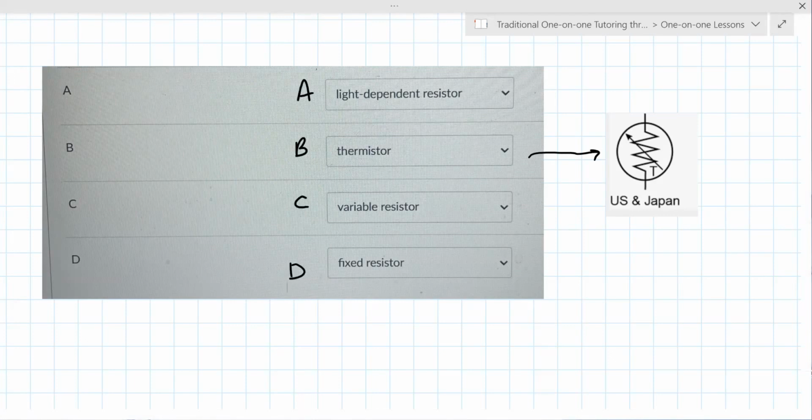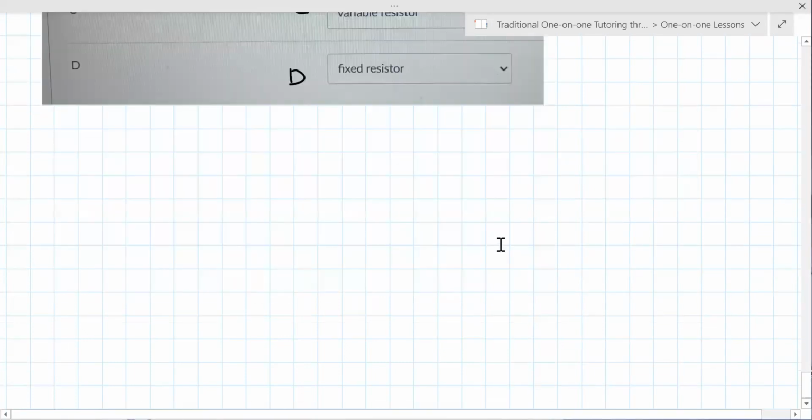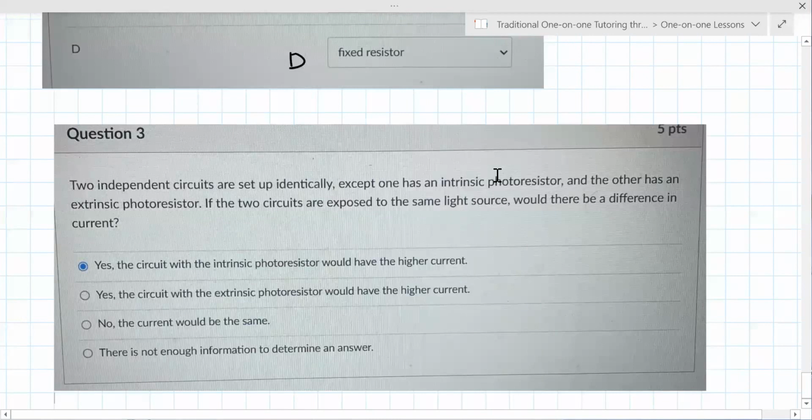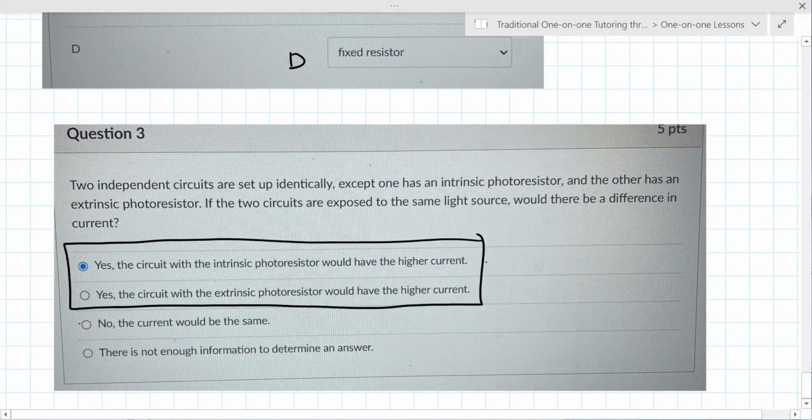And then you have this other question. This one is one of these two answers, I'll tell you that right off the bat. I guess it's the way the photoresistor works.